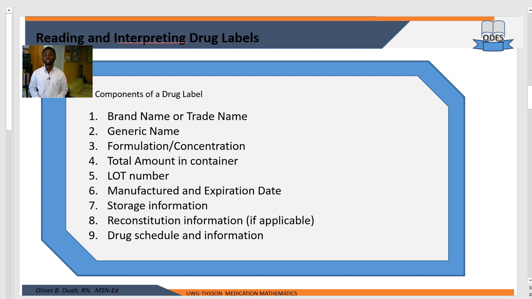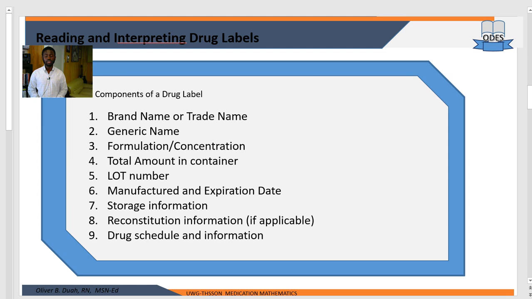So those of you who took biology or chemistry, the generic name is kind of like the scientific name. That is the common composition of that medication. The chemicals found in that medication usually is how we derive the generic name. Then we have the formulation or the concentration.